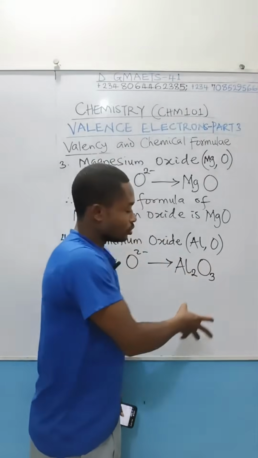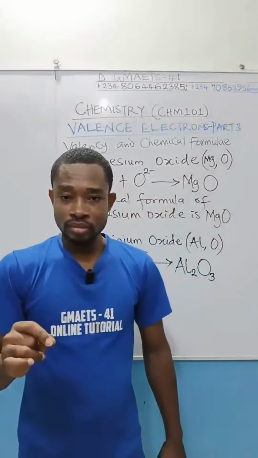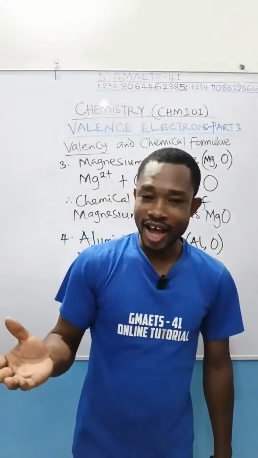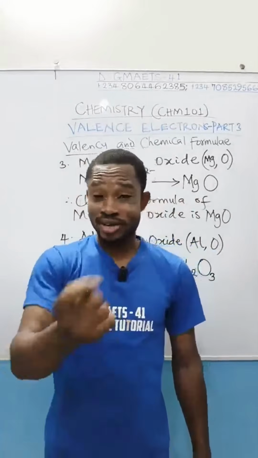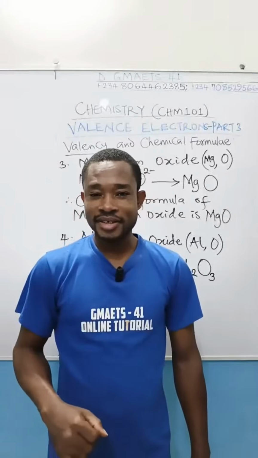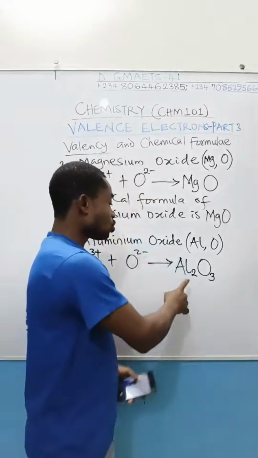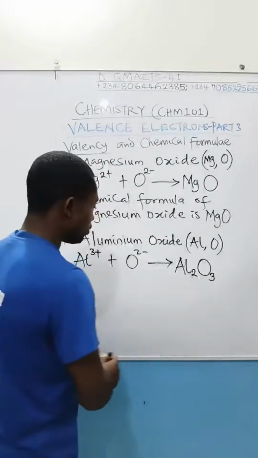Al2O3. These atomicities 2 and 3, do they have a common factor that can divide? They don't. The highest common factor of 2 and 3 is 1. And if it is 1, you cannot pull it out. Are you following, right? It means there is nothing else to do to simplify it. This is the correct chemical formula of aluminium oxide.